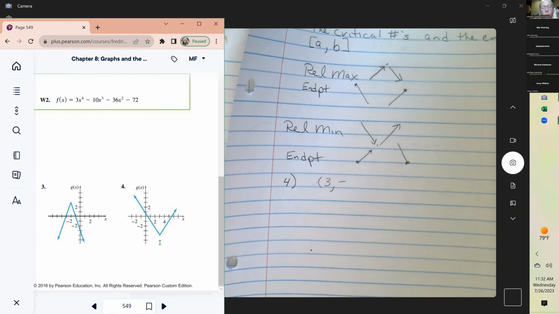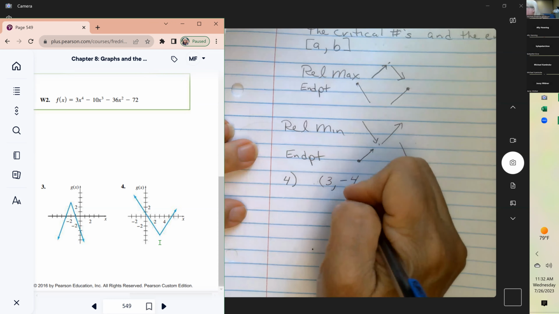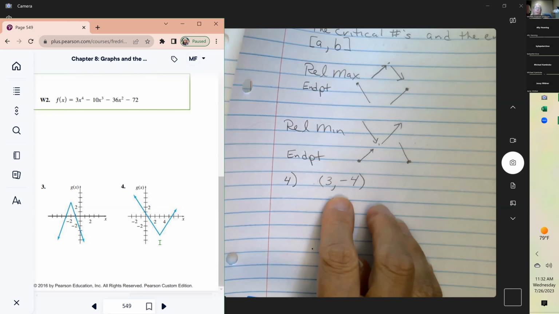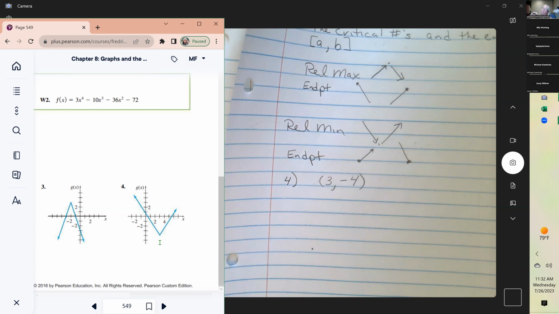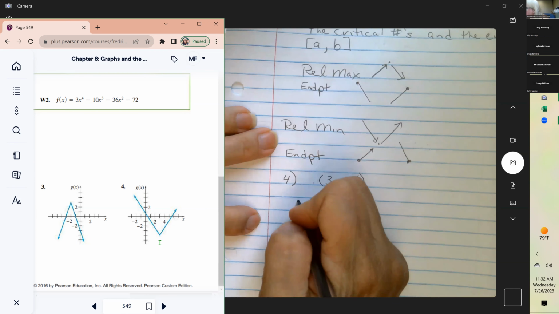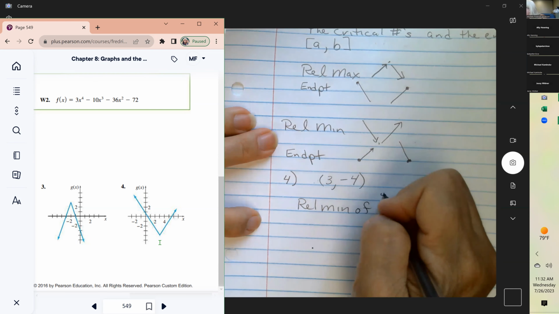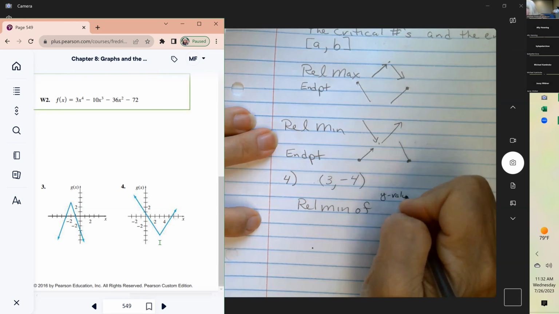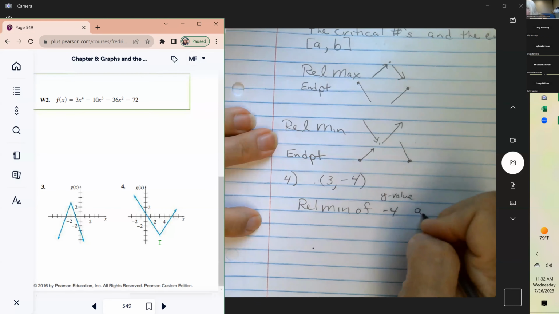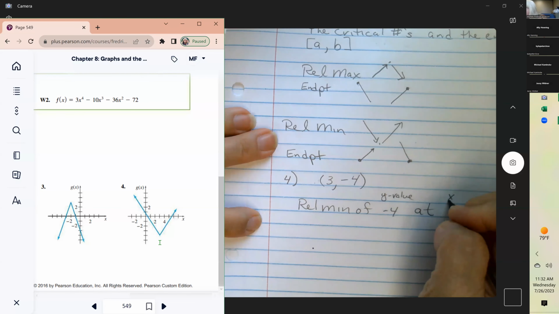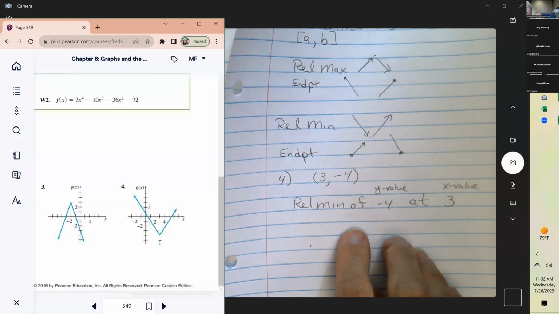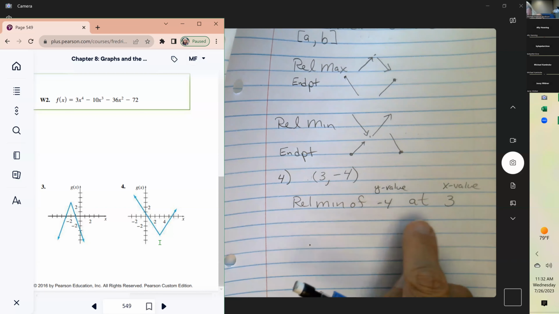So 3, -4. There's a relative extrema. Notice it's a low point. The points around it are above it, so it's a min. Relative min of, and then you put your y value at your x value, which is 3. So we have a relative min of -4 at 3.